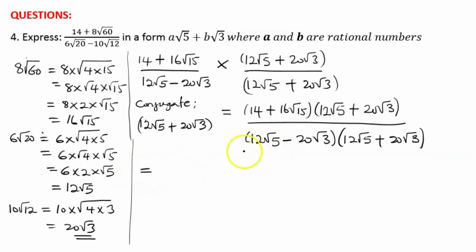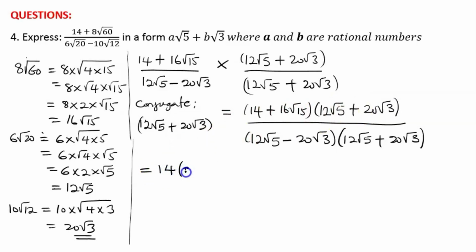We open these brackets. We simply open it. So 14 is going to multiply 12 root 5, and it's also going to multiply 20 root 3. The same thing applicable to 16 root 15. It's going to multiply everything inside this bracket. All right, so let's just expand. Let's bring it one after the other. Let's express our intention.